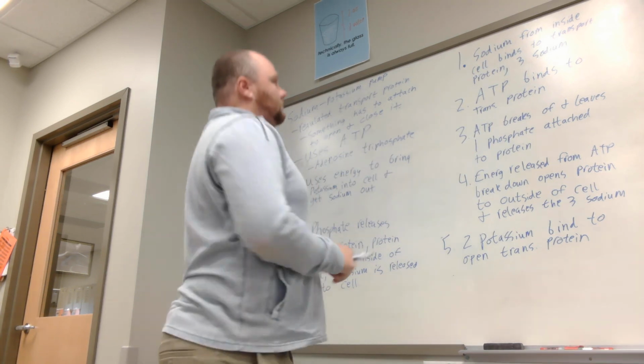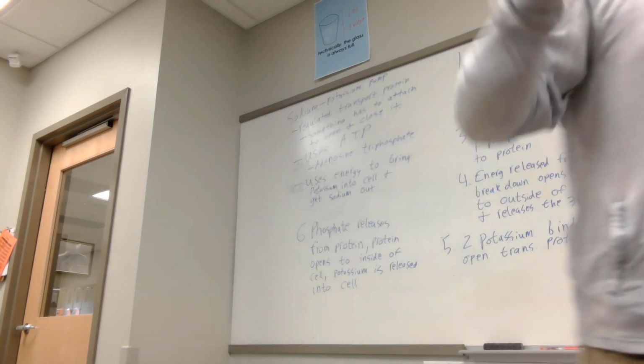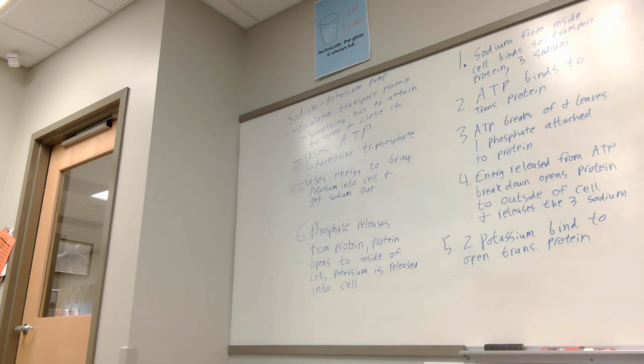It's kind of complicated, but basically sodium wants to get out of the cell, potassium wants to get into the cell, so we attach it, we break apart an ATP. Once that ATP breaks apart, there's enough energy that it opens and releases the sodium. When that's open to the outside, potassium binds, the phosphate leaves, which basically switches it so that it opens back into the cell and the potassium then comes out.